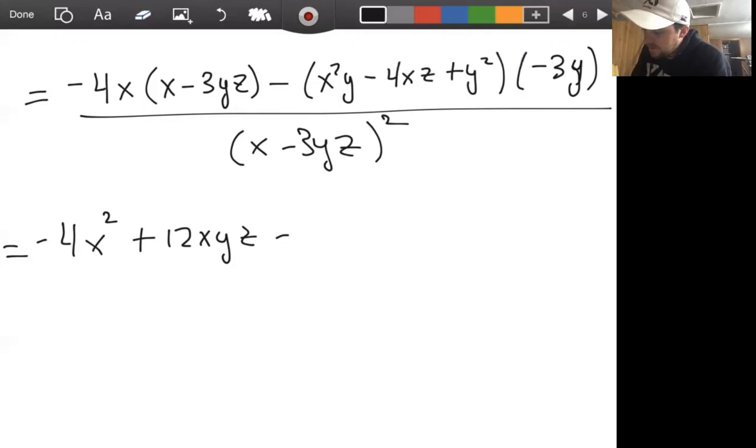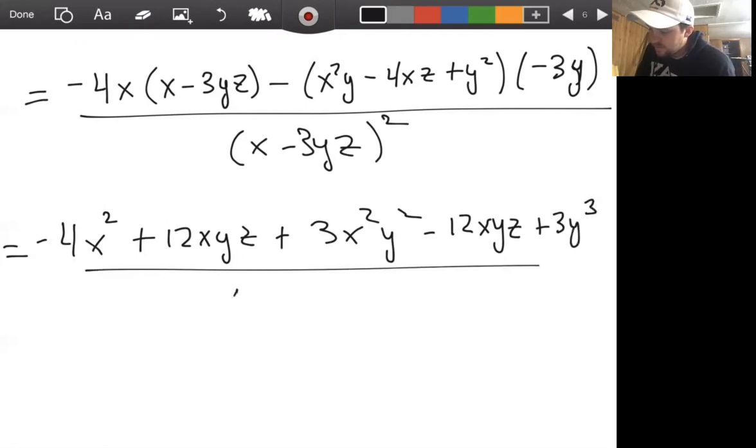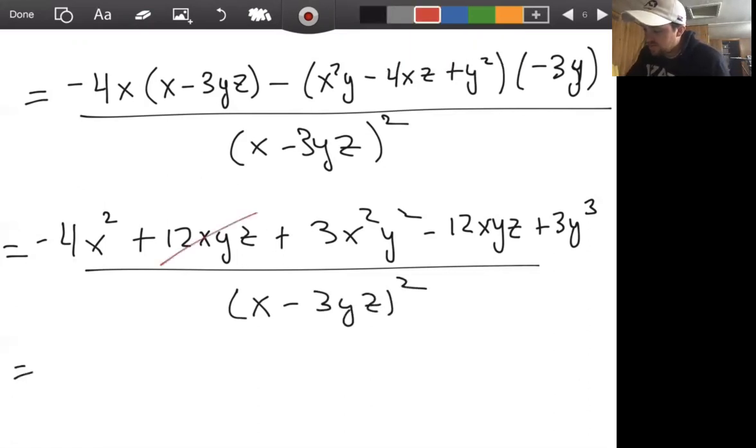It looks like we're going to get plus 3x squared y squared, and then minus 12xyz, plus 3y cubed, all over x minus 3yz squared. So we do see some cancellation, 12xyz minus 12xyz, and I believe that's it.